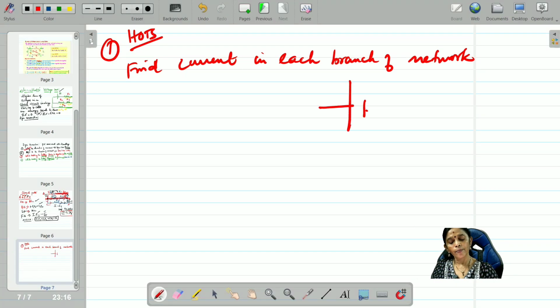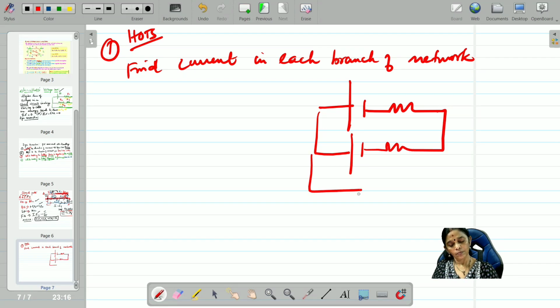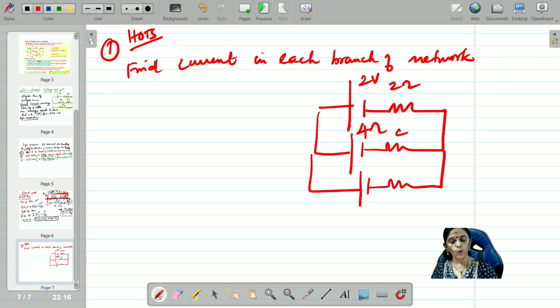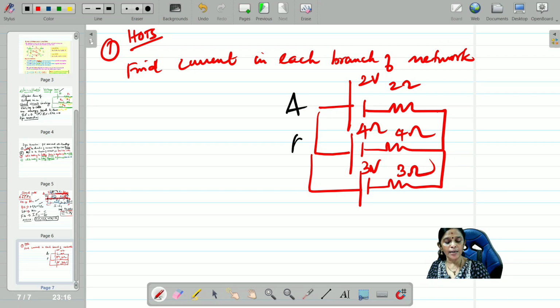So this is the question. It is given: 2 volts, 2 ohms, 4 volts, 4 ohms, 3 volts, 3 ohms. It is given, and this is labelled A, B, C, D, E, F.